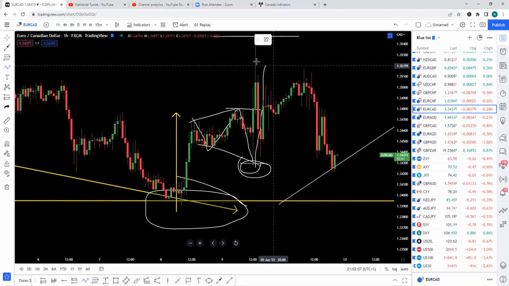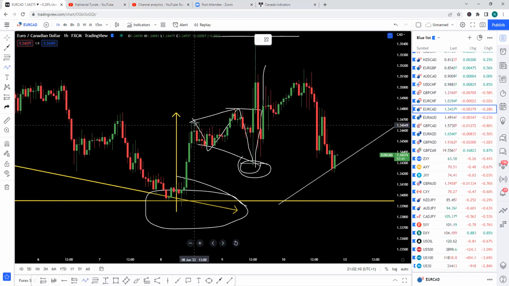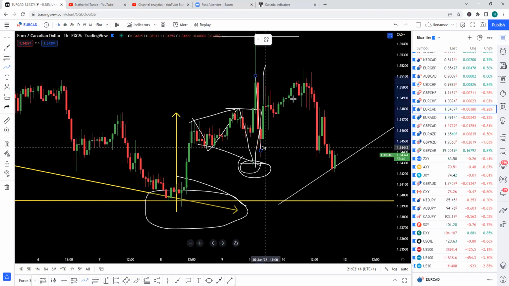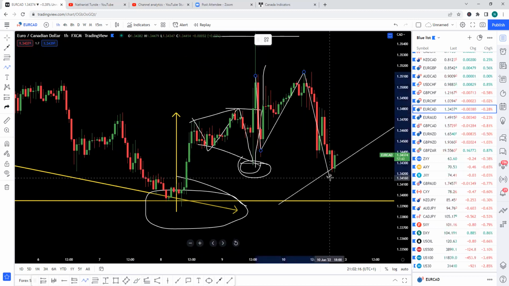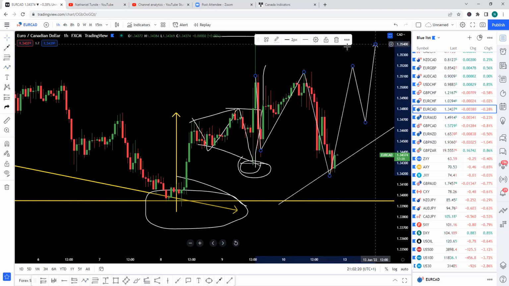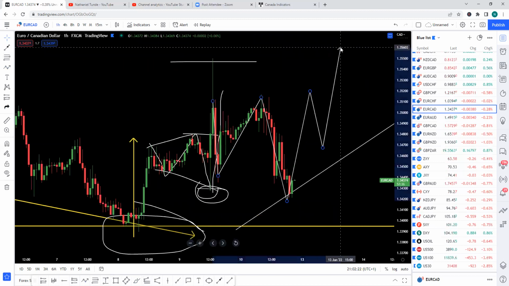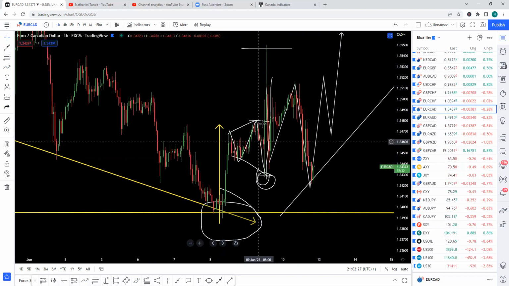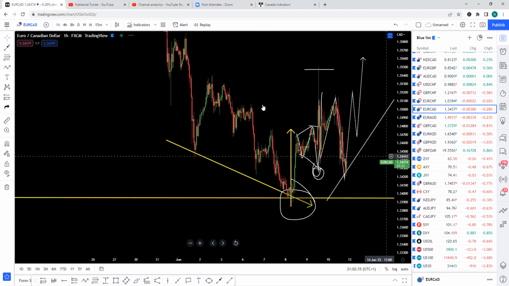This is A, B, and C. We have another A, B, and C. So we need another A, B, and C. Simple. I see. So instead of it giving me an impulsive move from the beginning, it's giving me 3 waves up, 3 waves down, we need 3 waves up.